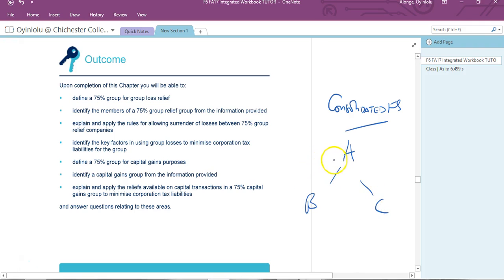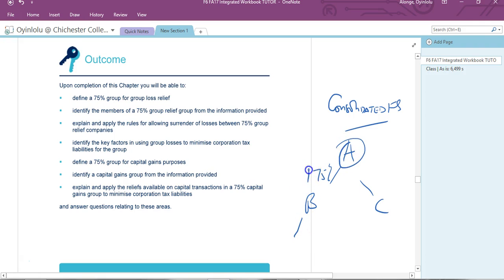So the argument here is that in this group scenario, as long as there is a 75% direct relationship between the parent and that subsidiary, they can be in the same group.